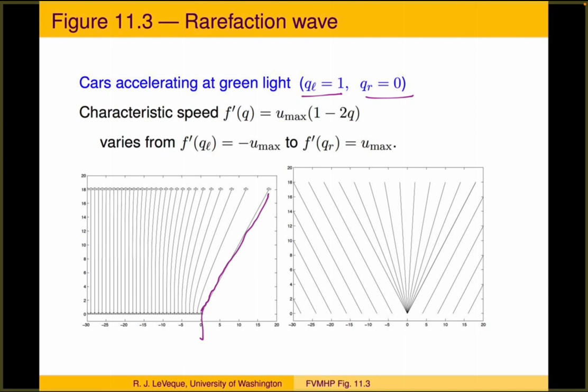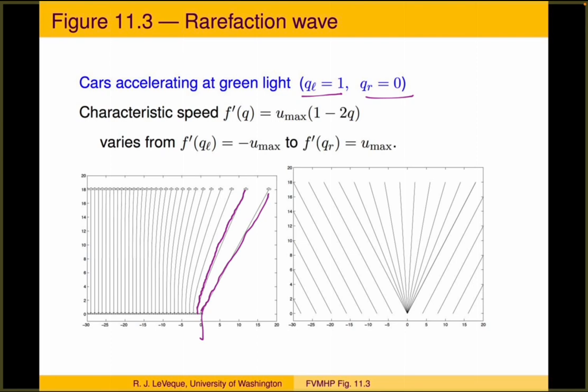But the second driver doesn't immediately drive at that speed because the separation between that car and the leading car is initially bumper to bumper, and only slowly does it grow. So the velocity of the second car actually starts out at 0 and then speeds up more slowly. And so each subsequent car gets started a little later, as we're familiar with from sitting at red lights.